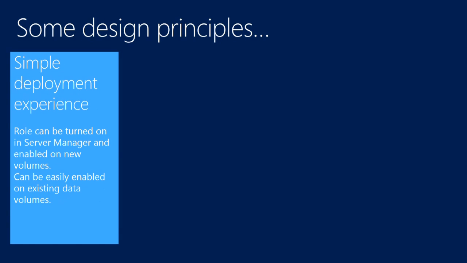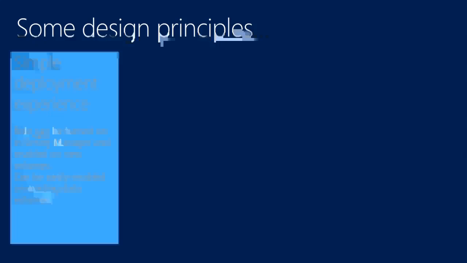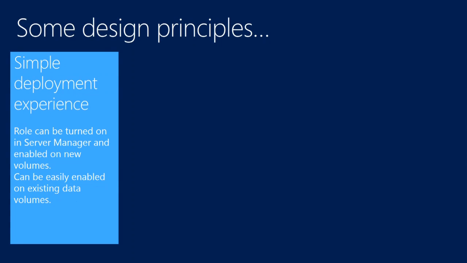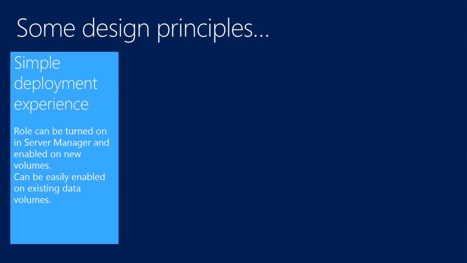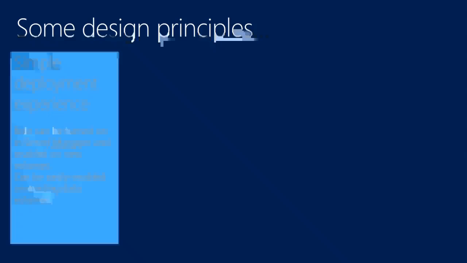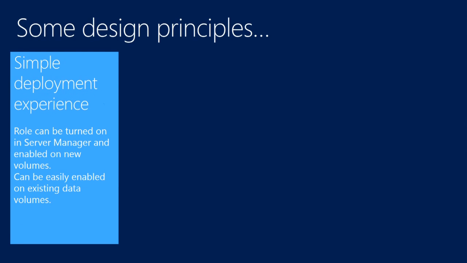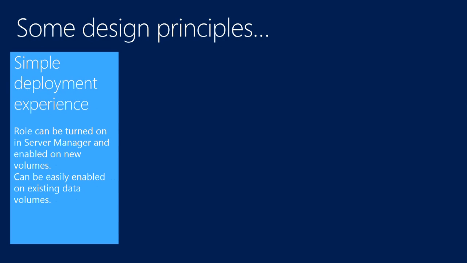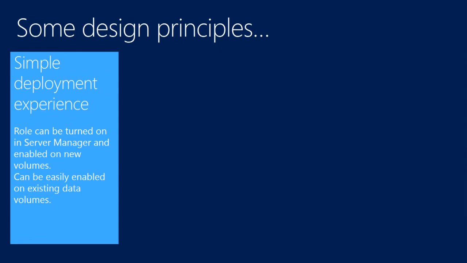We'll go through the step-by-step later in the presentation, but the basic approach we took is take a volume, turn on deduplication, accept the defaults, and deduplication is running. So there's no complex thing that you have to do. You don't even actually have to understand how it works. Turn it on and we'll save space for you.